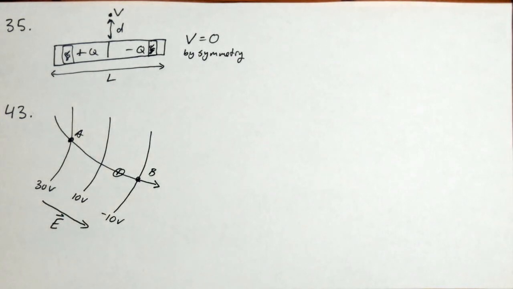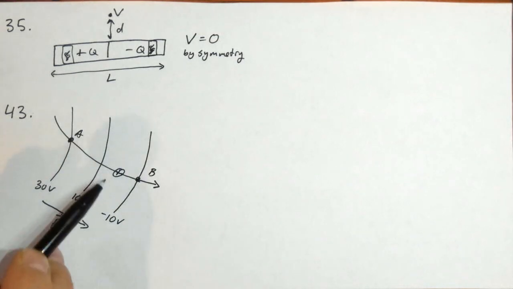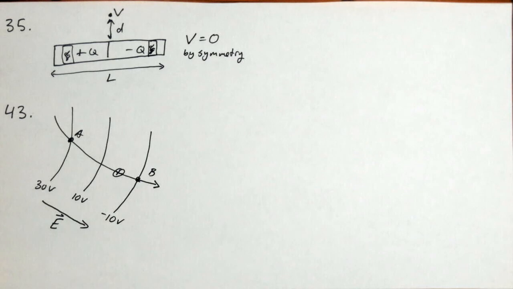All right? Now that we know the direction of the electric field, what do we know about positive charges in electric fields? Do they move along the electric field or against it? Positive charges move along the electric field. Think about this electric field being caused by some positive charge over here. Well, another positive charge will want to go away from it.